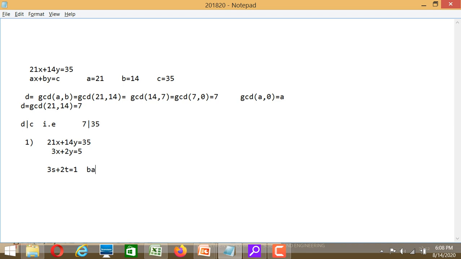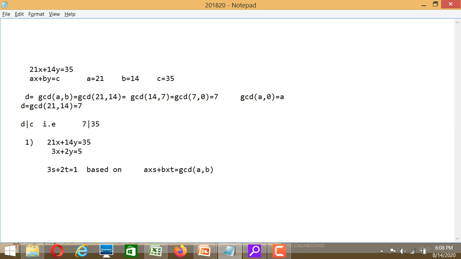This is based on a into s plus b into t is equal to GCD of a comma b.